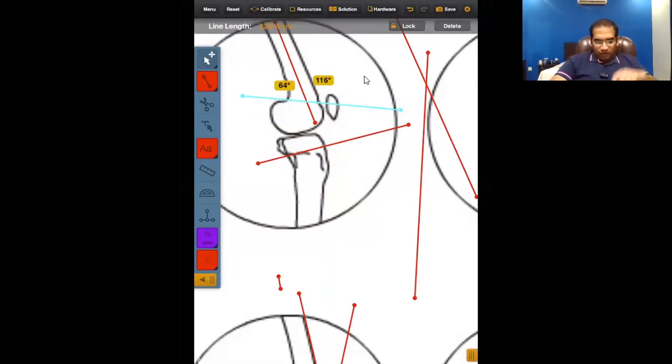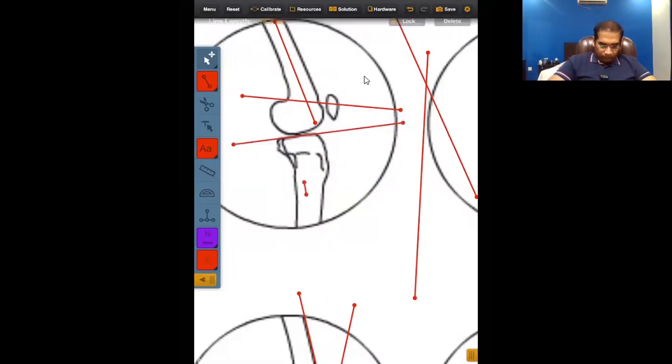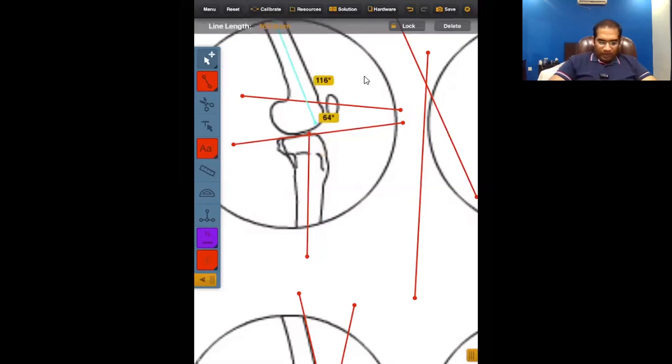It's 64 degrees. And what is the normal angle over here? It's 82 degrees. So now we all know that the angle is 64 degrees, and the deformity of the angle was 26 degrees.